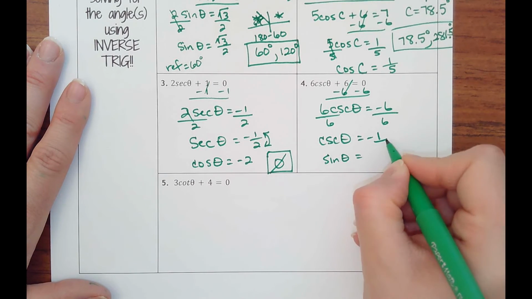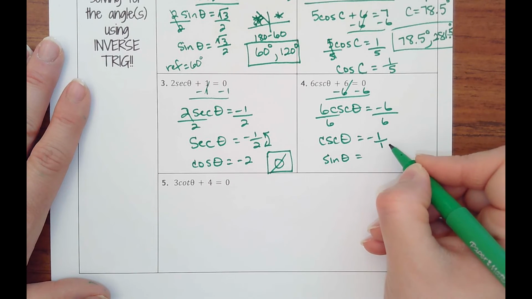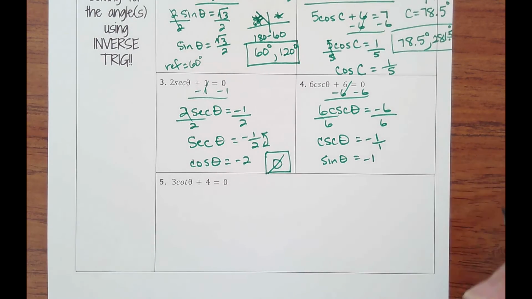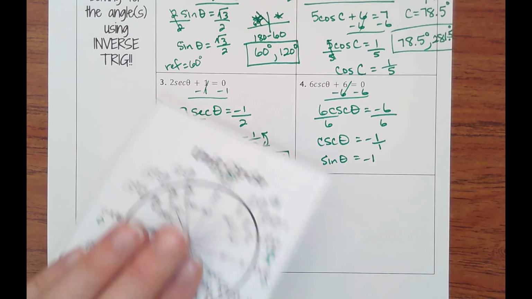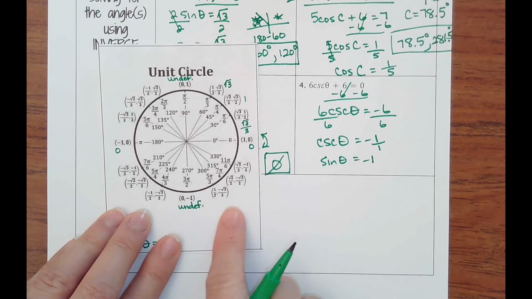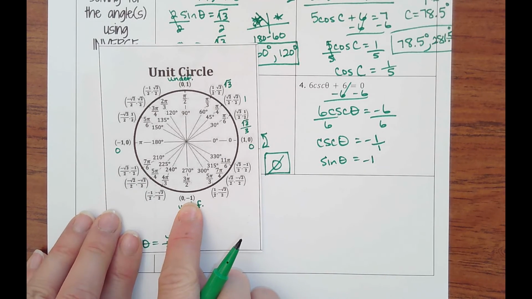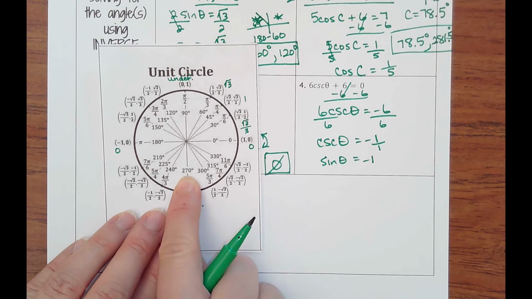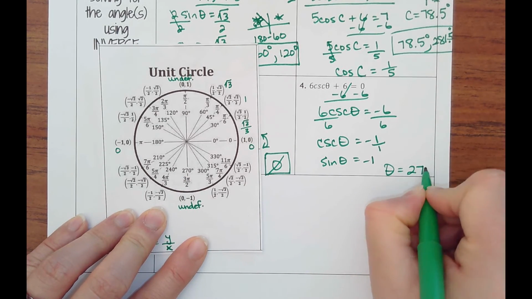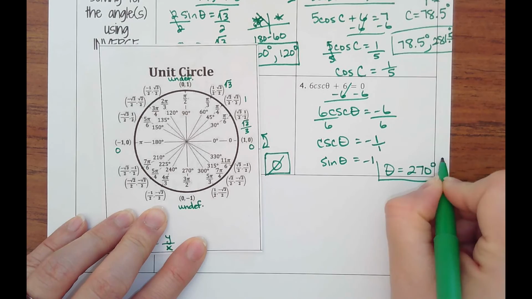You can't reciprocate 1. It's still 1/1, so this is still -1. Think about where the y value is -1 around our unit circle. That only happens at this specific point, and that angle is 270 degrees. So only one answer on that one.